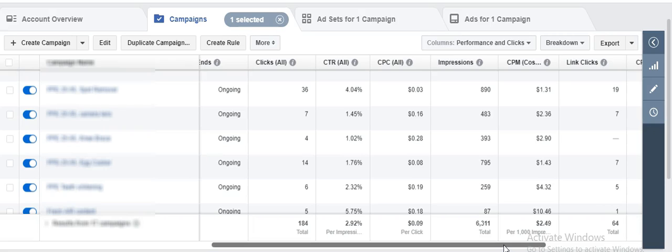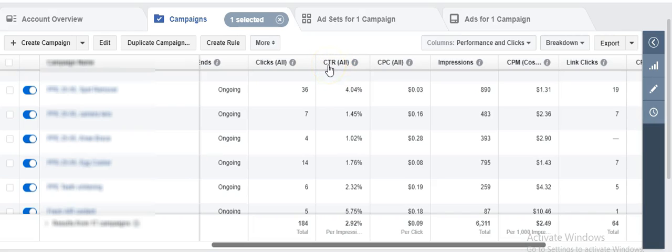When that is clicked, that is considered click all. It's not the actual, if you're in e-commerce, them going to your page. They could have just enhanced it or hit the like button and engaged with it. That's what a click all is.